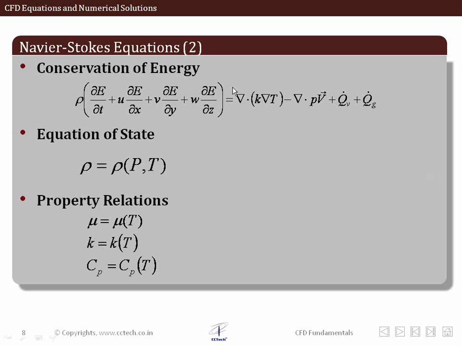Sometimes, depending upon the extent of the analysis, we may also include energy equations, which contain again a transient term. We also have the advection term, the velocity field transporting the energy into the domain. On the right hand side, we have the conduction term, which is transporting the energy through molecular agitation. There is no net transport of the fluid required for this conduction phenomenon.